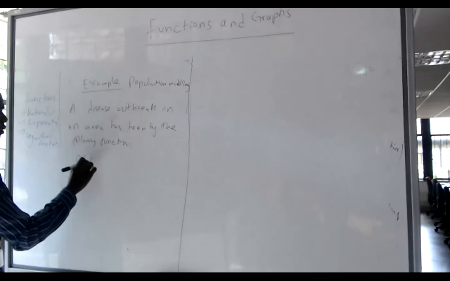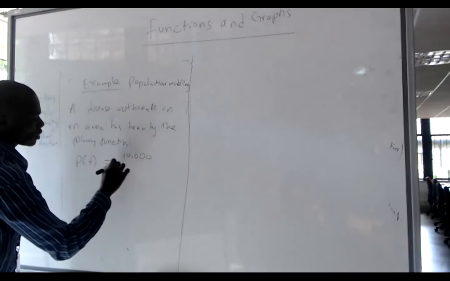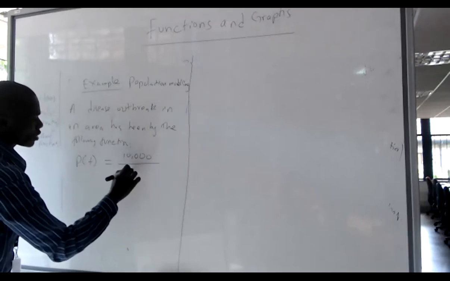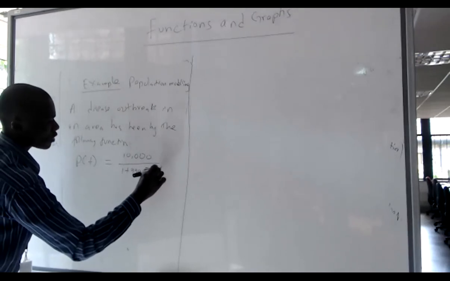So P of t is 10,000 divided by 1 plus 999 exponent negative 0.5t.